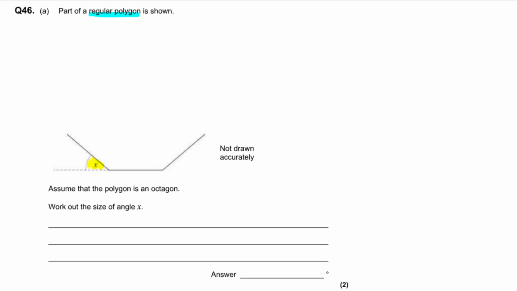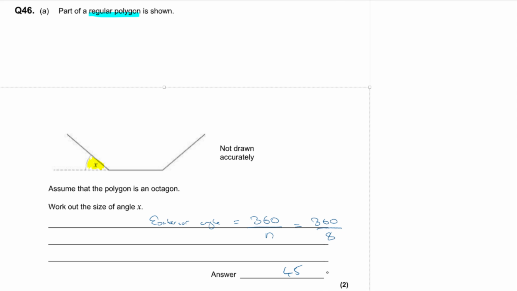So the exterior angle of a regular polygon is given as 360 degrees divided by the number of sides, in which we're assuming the number of sides is 8 in this case. So 360 divided by 8, that comes out to be 45 degrees. So according to it being an octagon, it's going to be 45 degrees.